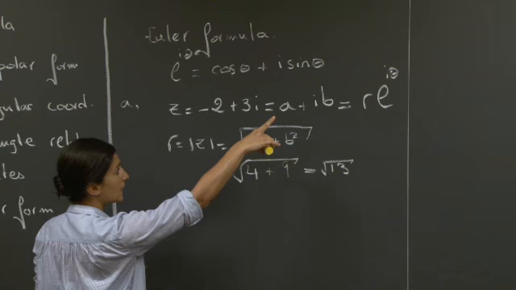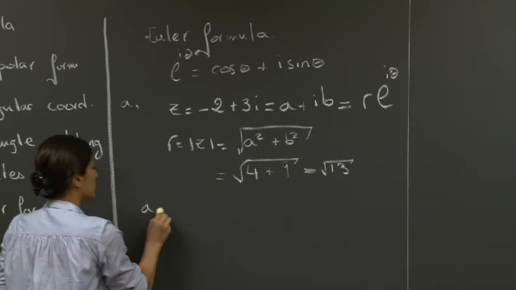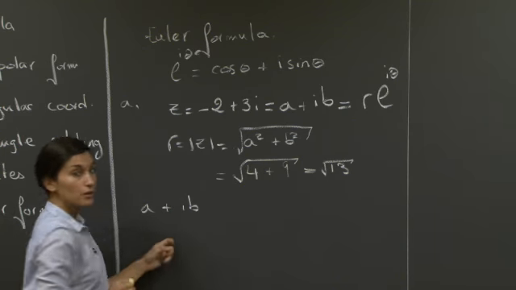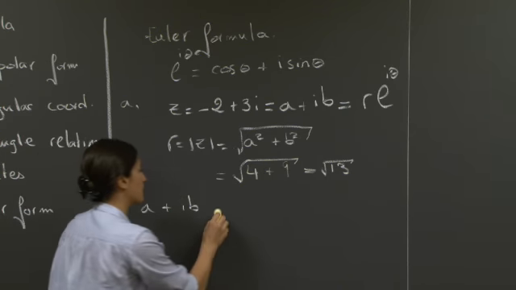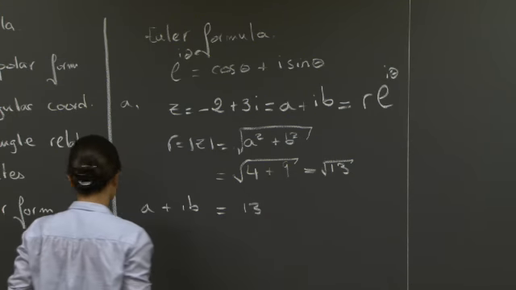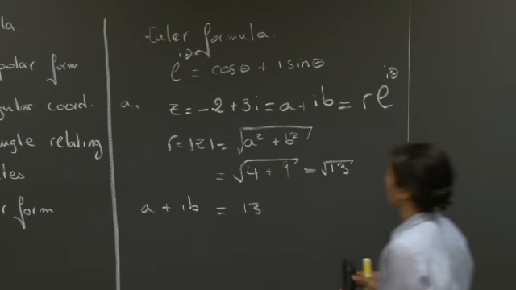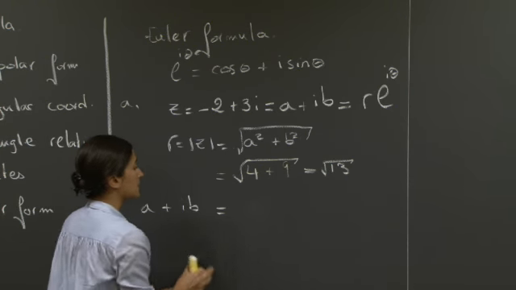Now for the phase, using Euler's formula, we can relate the rectangular form to the polar form by just introducing R, which I'm going to keep.